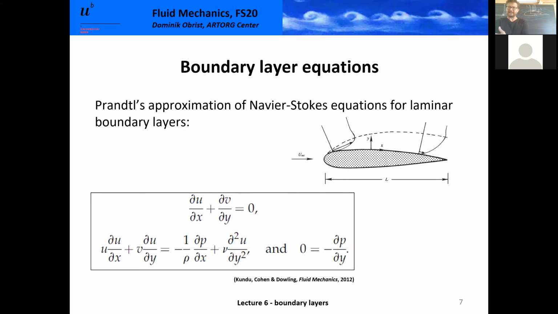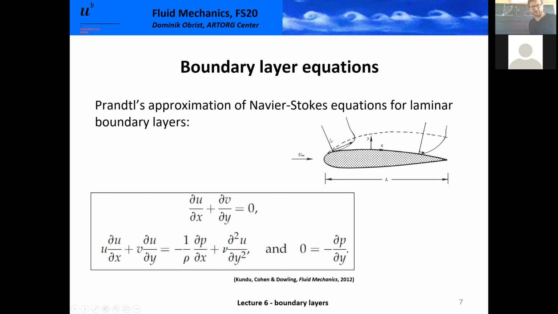And why he did it, I don't really know. He just did it. And only with hindsight, by solving it retrospectively, he was able to show that this was actually a good idea. But there's no rigorous mathematical way why he could write it that way. This was really a stroke of luck, genius, take it how you like.